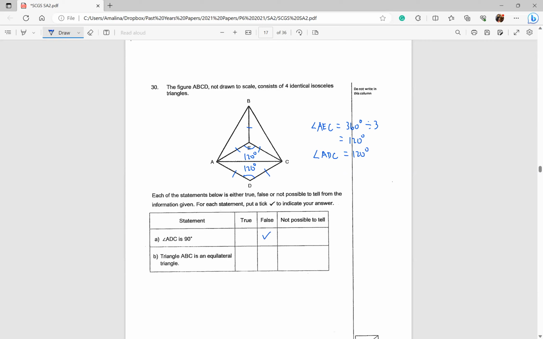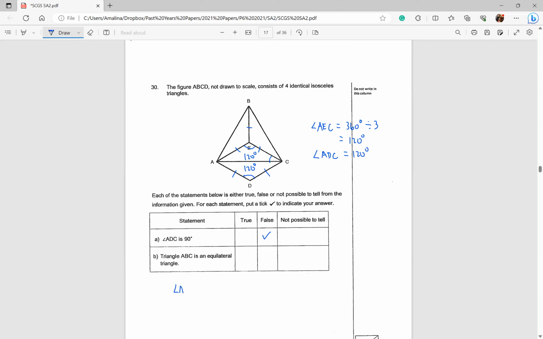Now, part B, triangle ABC is an equilateral triangle. Is this true? Okay, so if I look at the angles, can I find this angle first? Is it possible to find? Yes. Okay, so I take my 180 degrees.